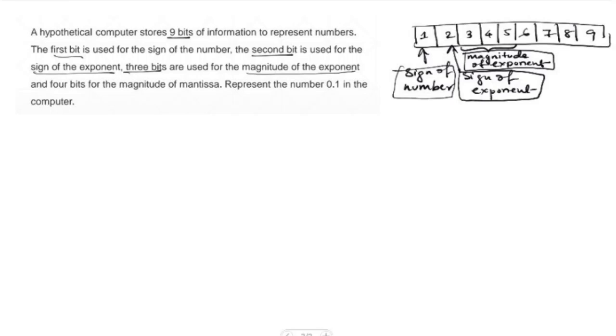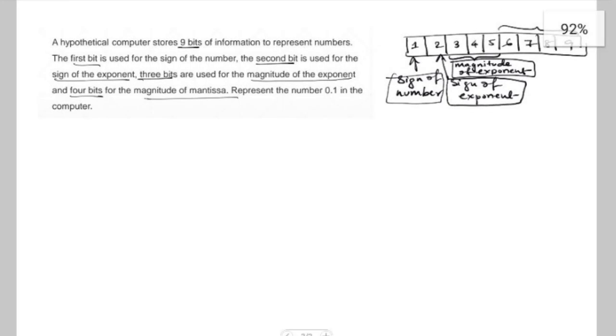And then we have 4 bits for the magnitude of the mantissa. So the next 4 bits, from 6 to 9, are used for the magnitude of the mantissa.